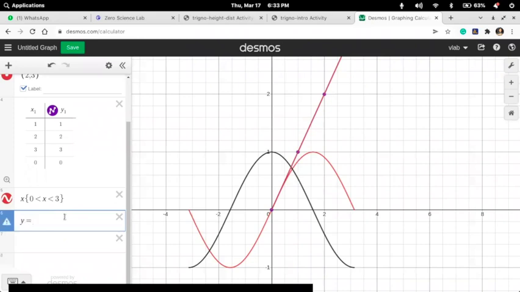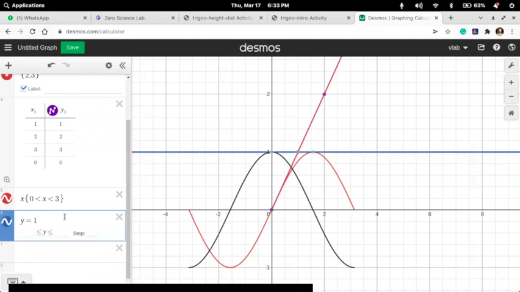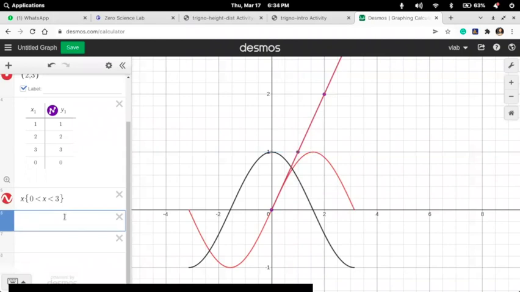y is equal to 2, if I take, I will be getting a horizontal line, right? So x is equal to 1, I have to restrict it.